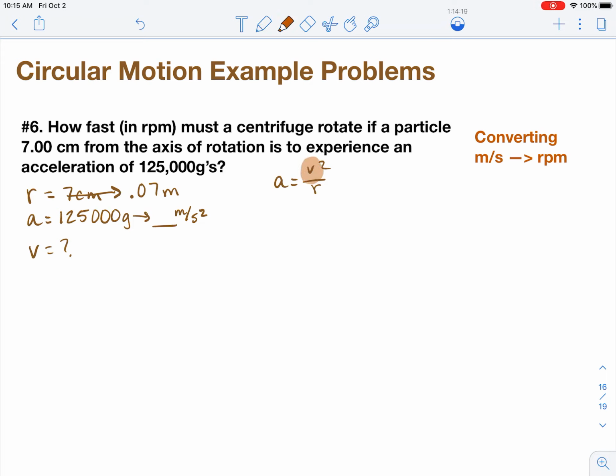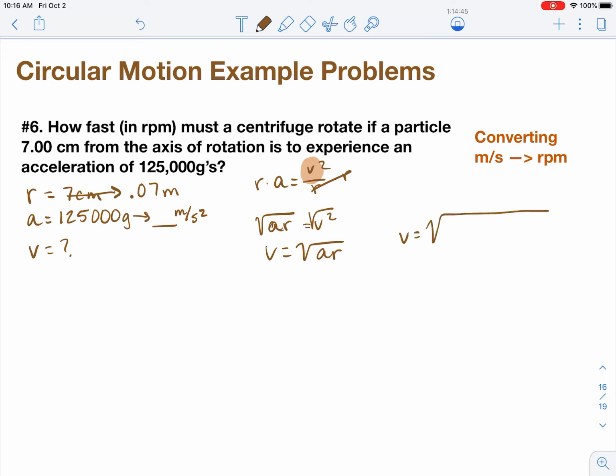So if we are solving for our velocity, that means that I'm going to need to multiply both sides by r. So then I have v squared equals a times r. And then we're going to need to square root that in order to get it to be v all by itself. So v is equal to the square root of a times r. Okay, now I'm going to choose to plug my numbers in.